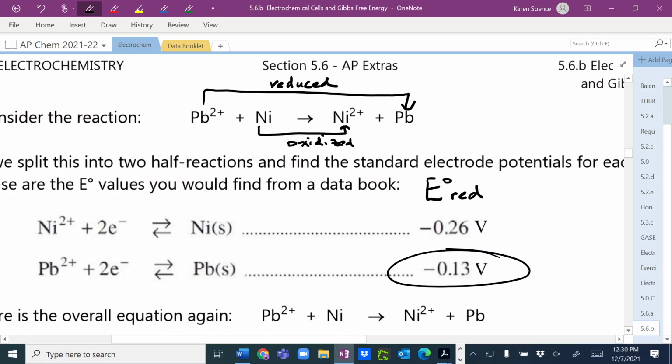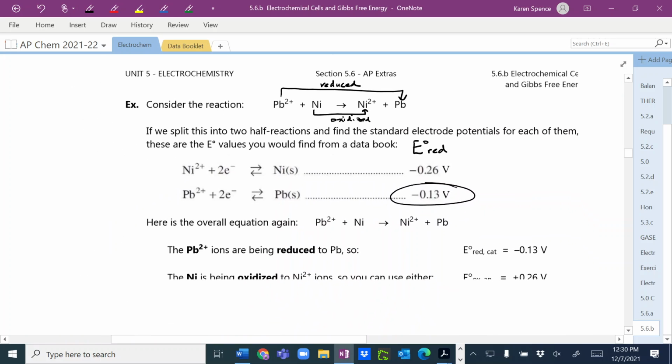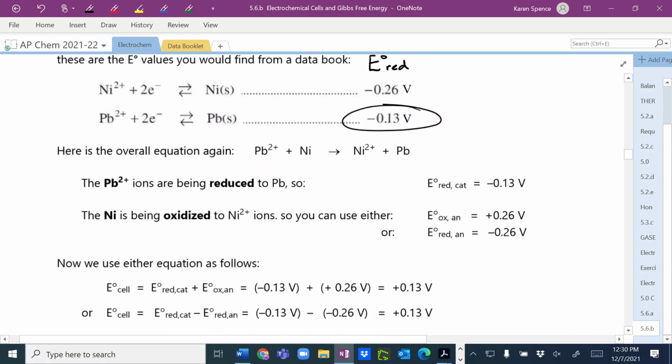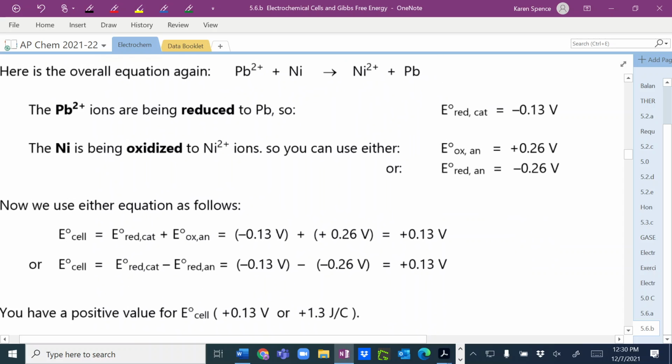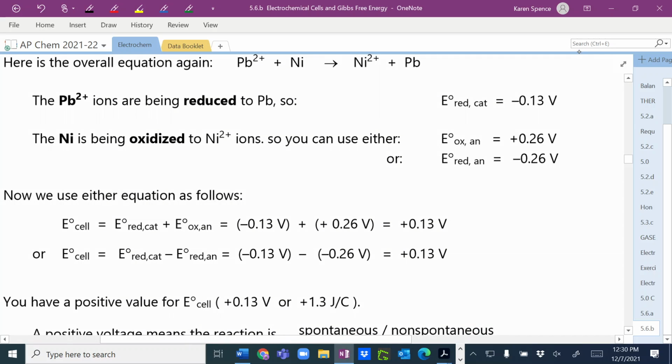Nickel, it's going to depend which version of the formula you like, whether you're going to leave it as negative 0.26 or whether you're going to change it to positive 0.26. So, lead is easy because we just leave it alone because it's reduction.